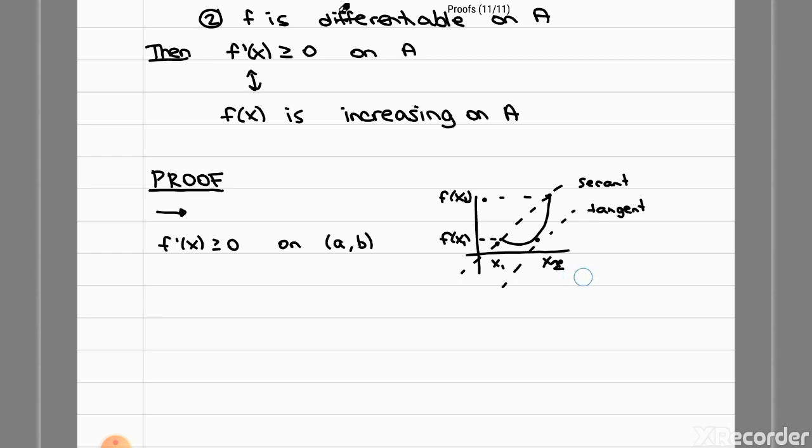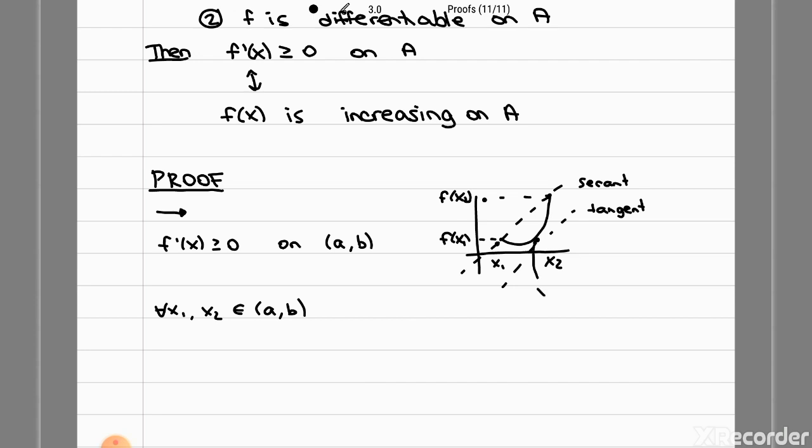So we're going to start off saying that we take 2 points x1 and x2, which are in our interval, a to b. And we can say that since these points satisfy Lagrange's theorem, there's going to be at least one point, which is this one.